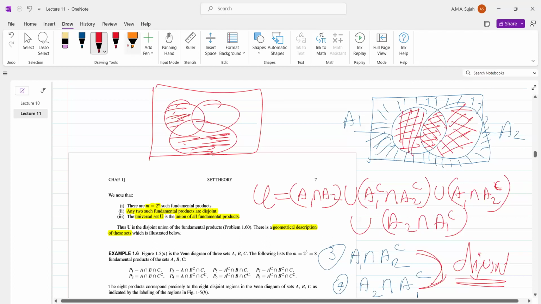The union of all the products of these sets is the universal set.